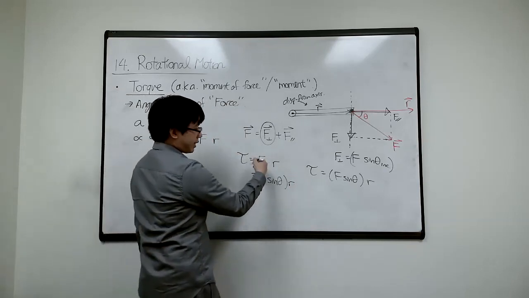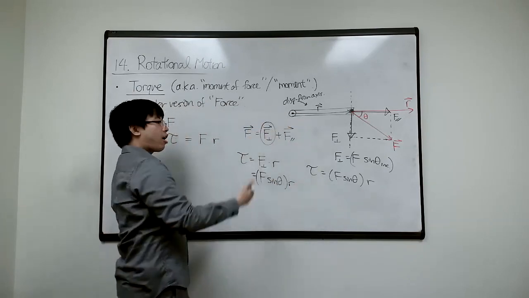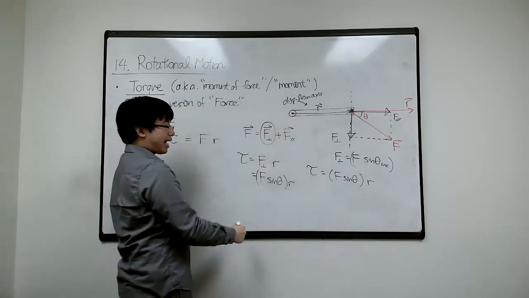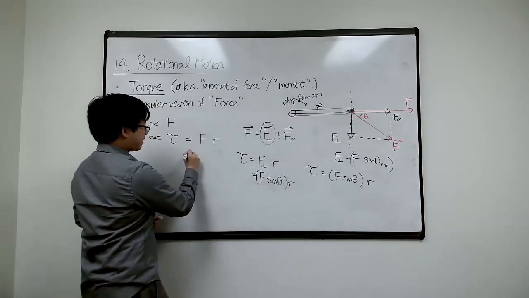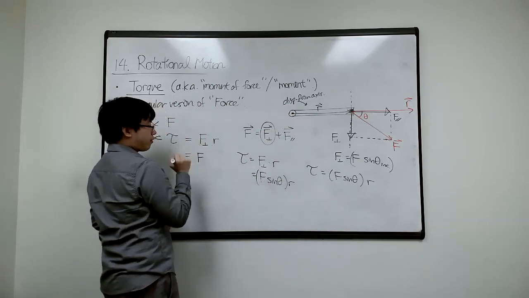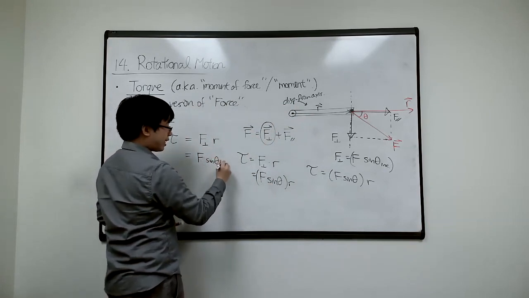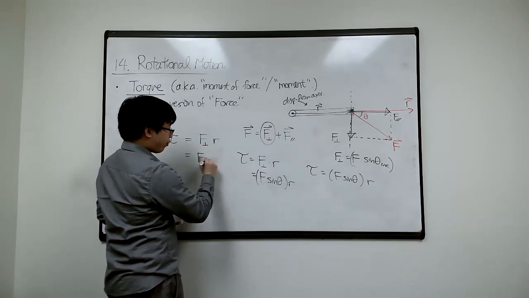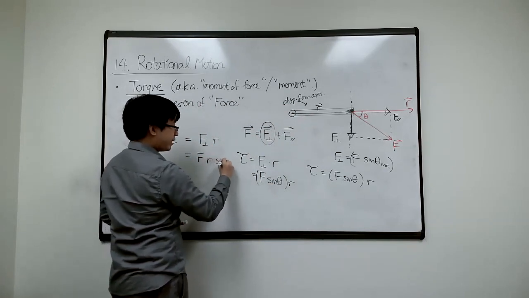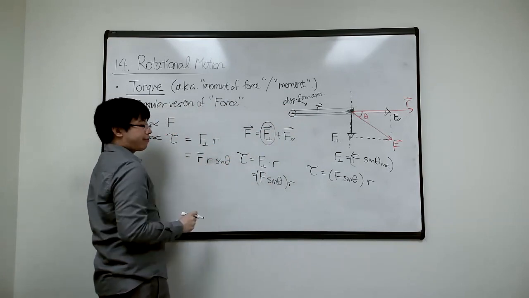So in some sense, you're taking the parallel component of the force and R, all right, so we understand that. You can call this the second version of it. You can say this is the original definition, and it's the force sine theta, force times R, but you need to include the sine theta, that's the angle between the force vector and R vector, like this.